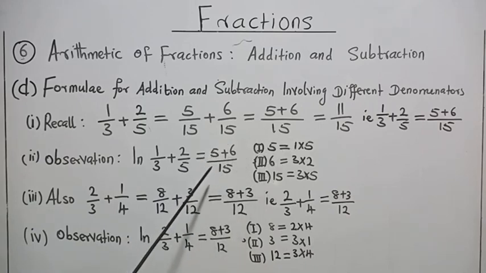Could it be also that this 6 was gotten by saying 3 times 2? See it here. Could it be also that this 15 was gotten by saying 3 times 5? See it here.